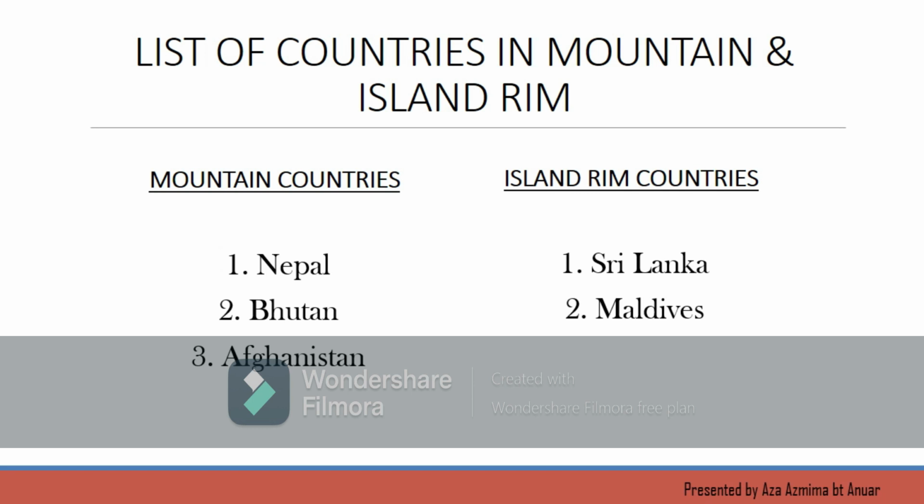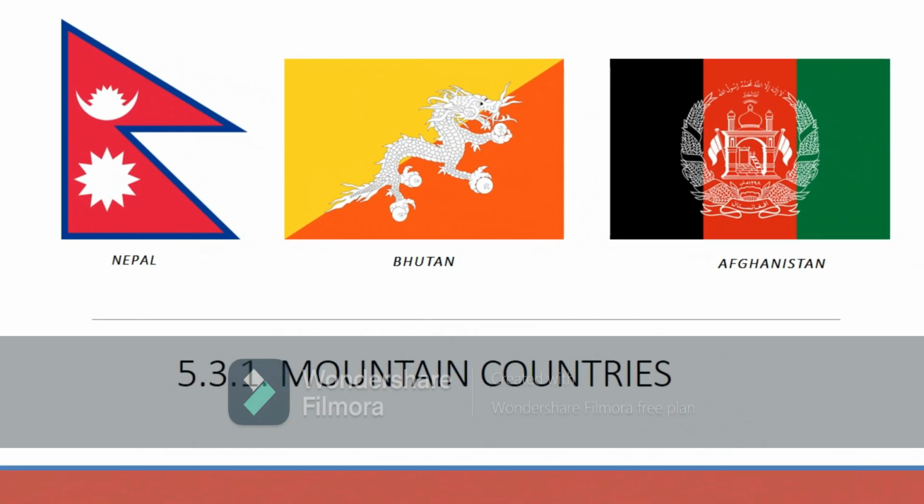Here is the map of Nepal and their Nepal flag. This is Bhutan flag and map of Bhutan. This is 3 mountain countries. This is Nepal, Bhutan and Afghanistan.